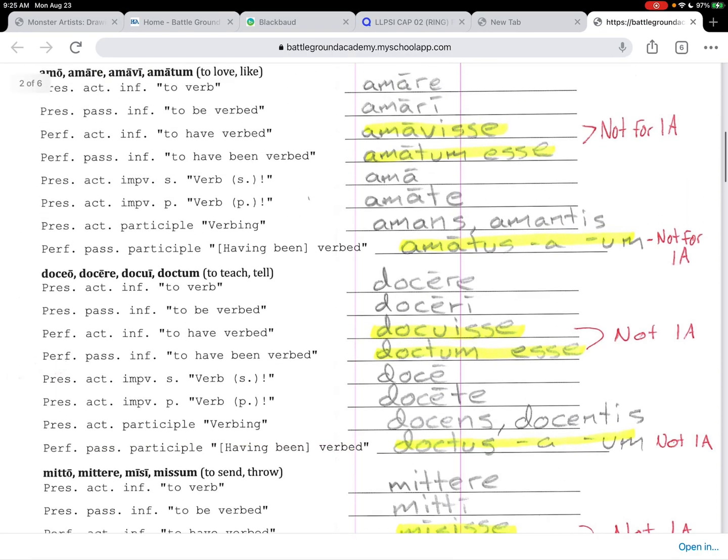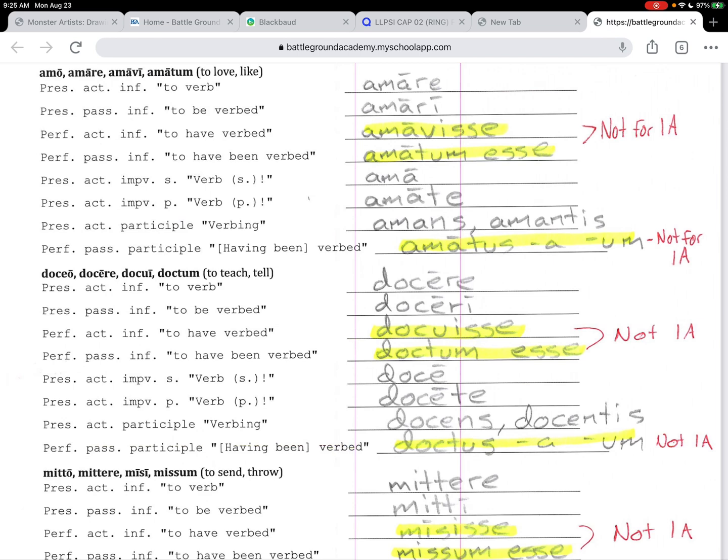Well, amatus would be the masculine form, amata would be the feminine form, amatum would be the neuter form, which we see in the principal parts listed above. So essentially, you're just copying down that fourth principal part. You could put the three genders like I did. If I don't say specifically which gender, I don't care. You can just pick one too. So amatus, a, um: amatus masculine, amata feminine, amatum neuter.